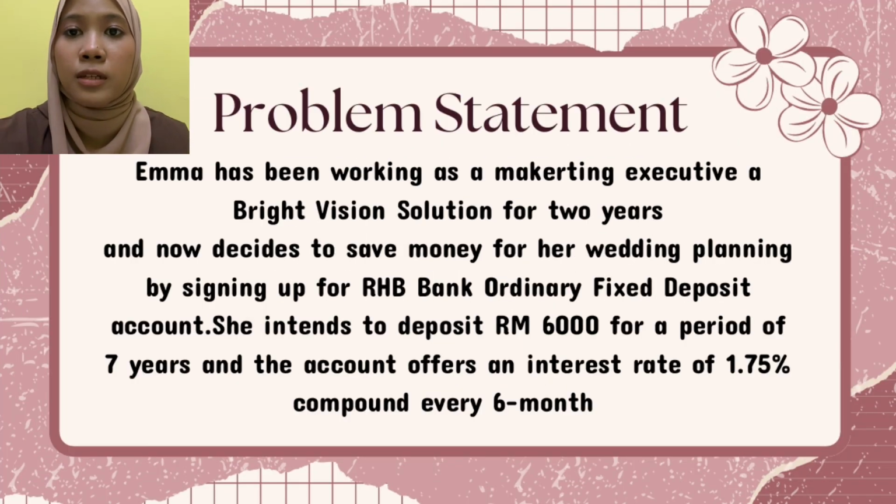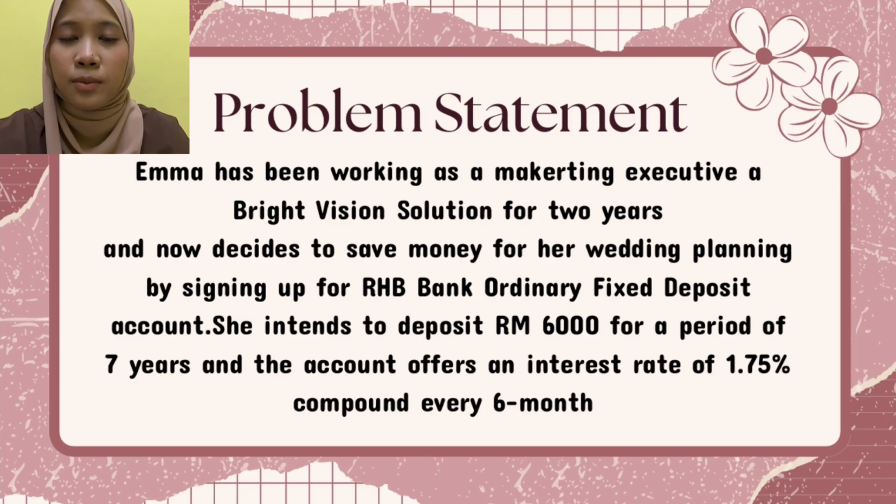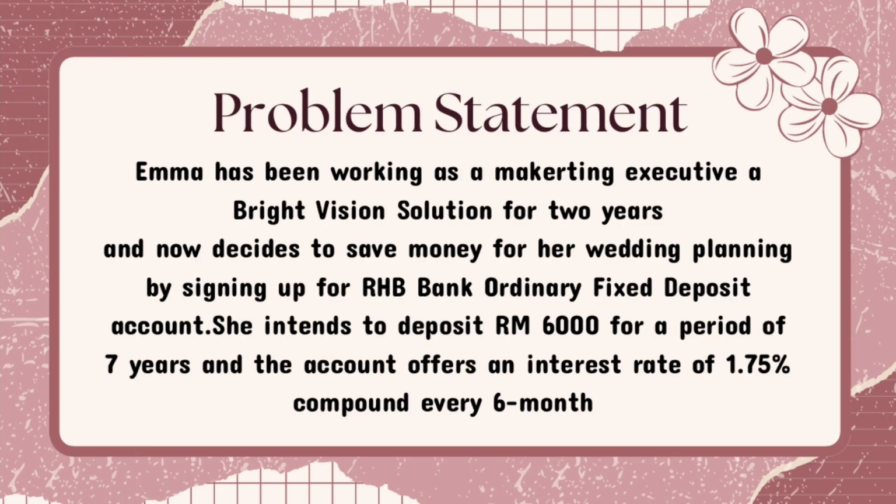The problem statement is: Emma has been working as a marketing executive at Prohibition Solution for 2 years and now decides to save money for her wedding expenses by signing up for an RHB Bank Ordinary Fixed Deposit Account. She intends to deposit RM6,000 for a period of 7 years and the account offers an interest rate of 1.70% compounded every 6 months.